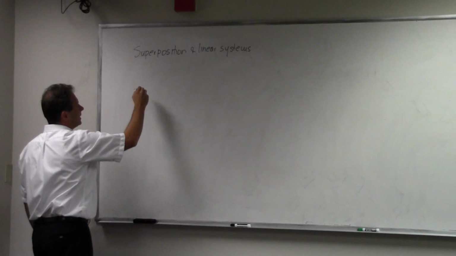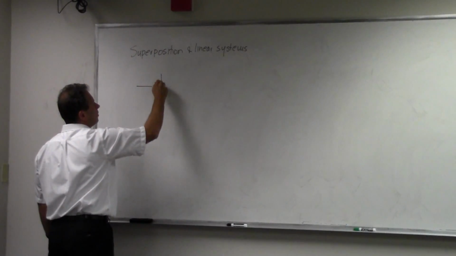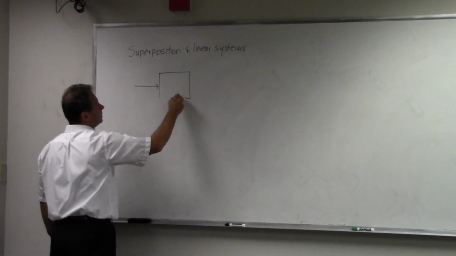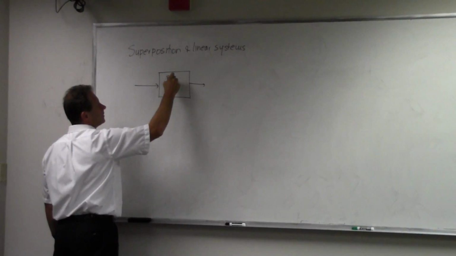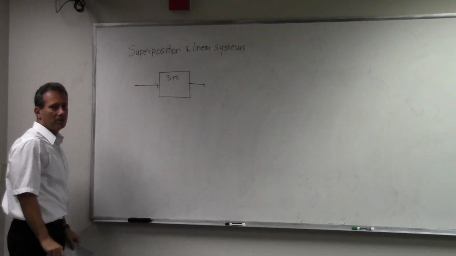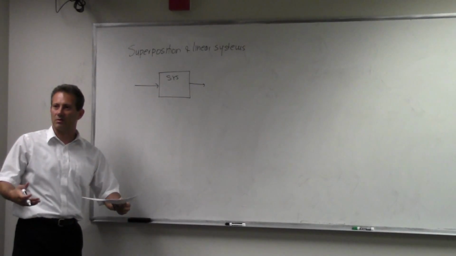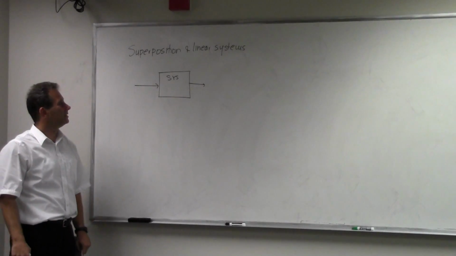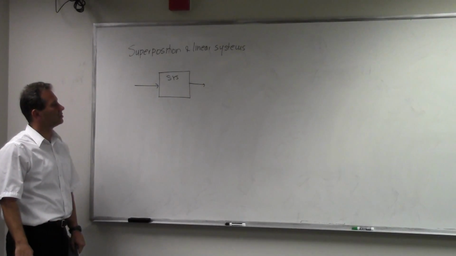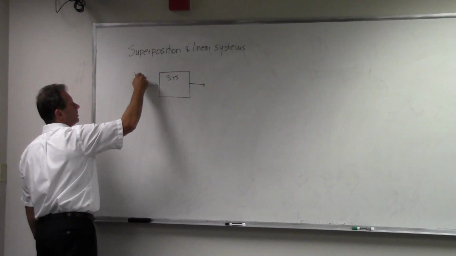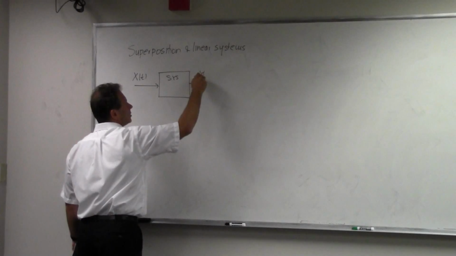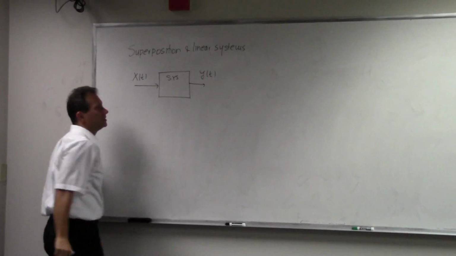So here's the task that we're going to be faced with over and over again in this course and in general in practice. We're going to have a system which usually is going to be linear by design, so we design it so that superposition holds. We present the system with some input x of t, and the question is, what is the output of this system?